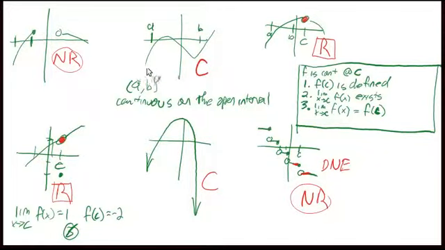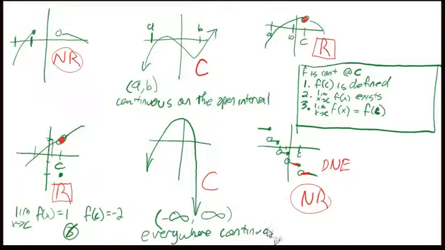But these ones, since we assume they go on forever and they're going to be continuous forever, we just say they're everywhere continuous. So if they're continuous on this interval, we call them everywhere continuous. Just some vocabulary. Everywhere continuous.